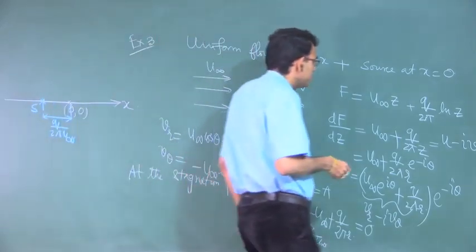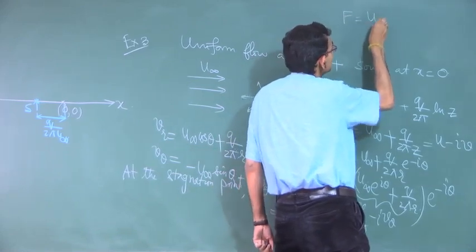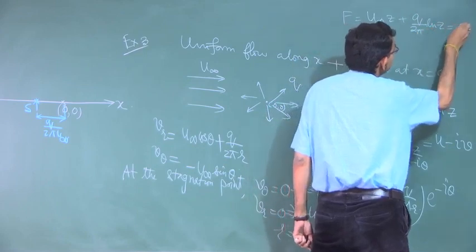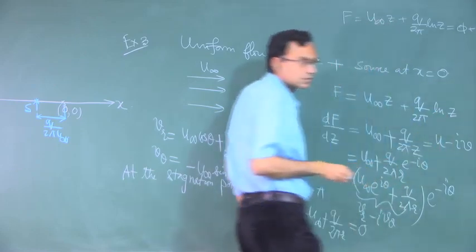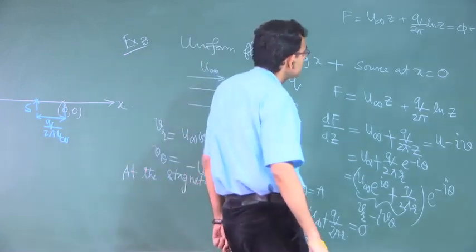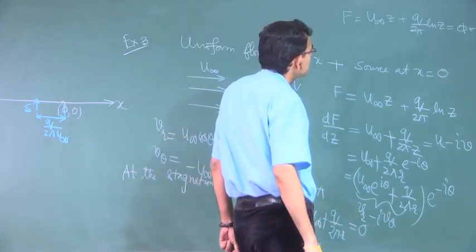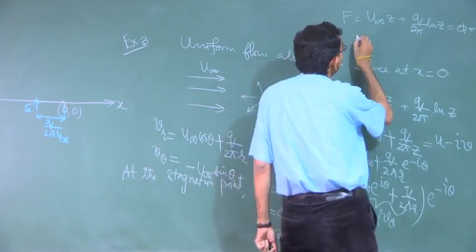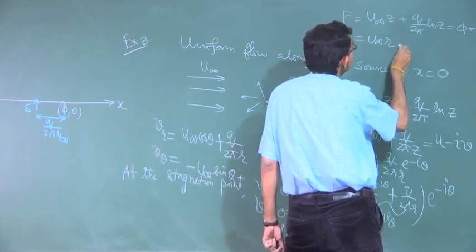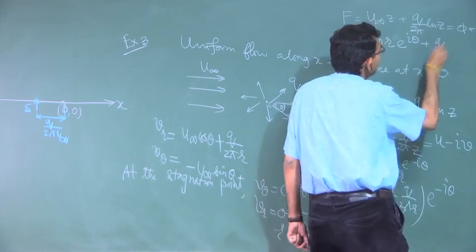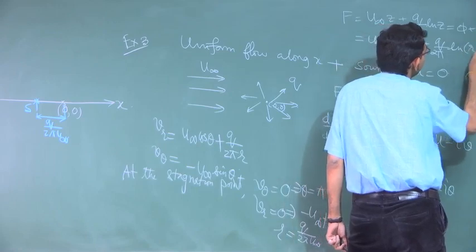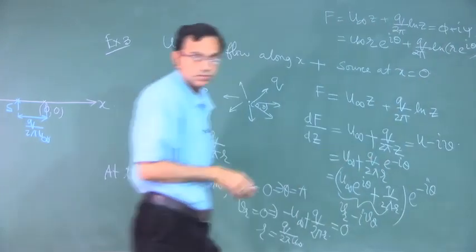So, you have f equal to u infinity r e to the power i theta plus q by 2 pi ln r e to the power i theta.